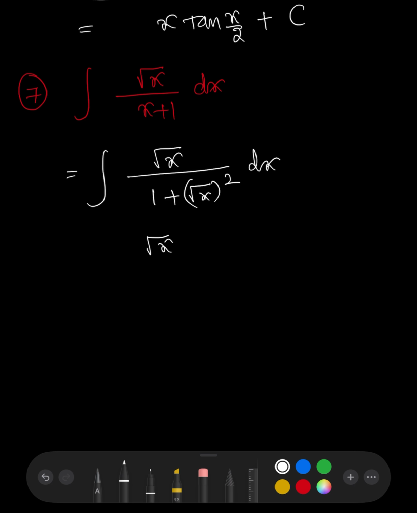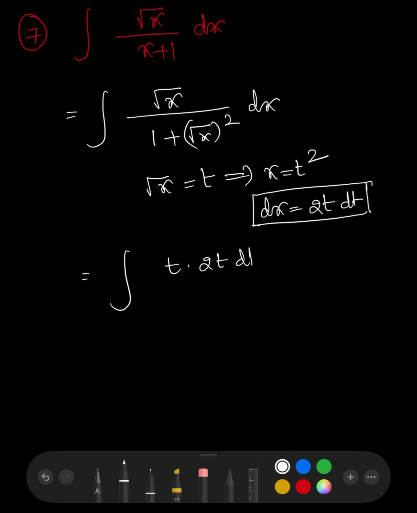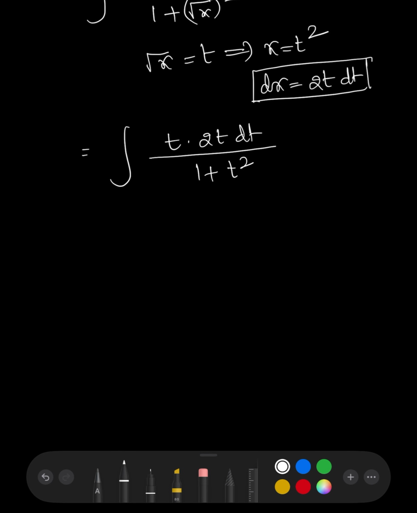So if I take root x equals t, then x equals t square, the derivative gives dx equal to 2t dt, right? So the integration of root x is nothing but t, and dx is nothing but 2t dt, divided by 1 plus t square.